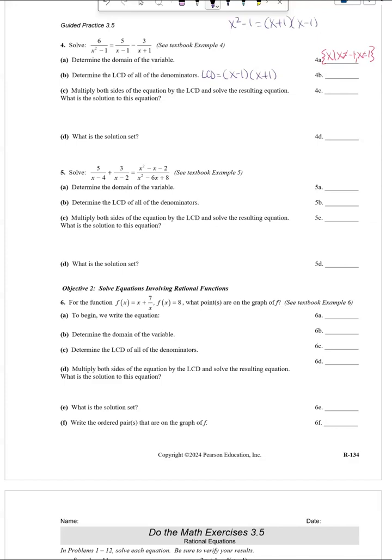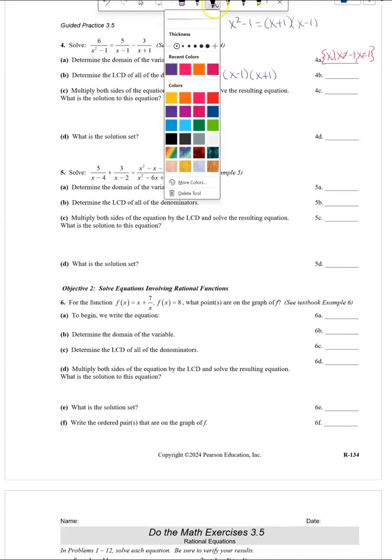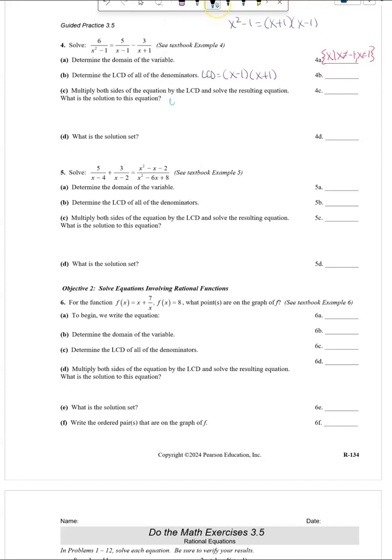So when we do this, we're going to have 6 over x squared minus 1 equals 5 over x minus 1 minus 3 over x plus 1. So we're going to multiply this side by x minus 1, x plus 1.